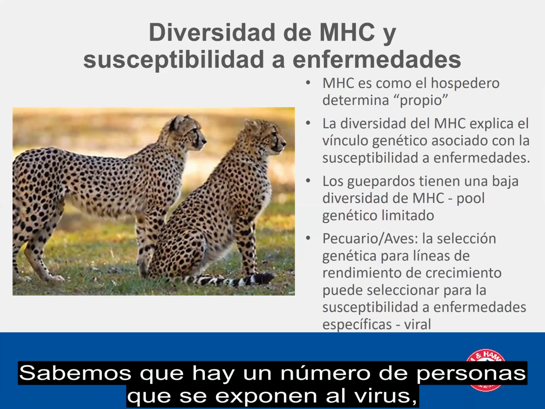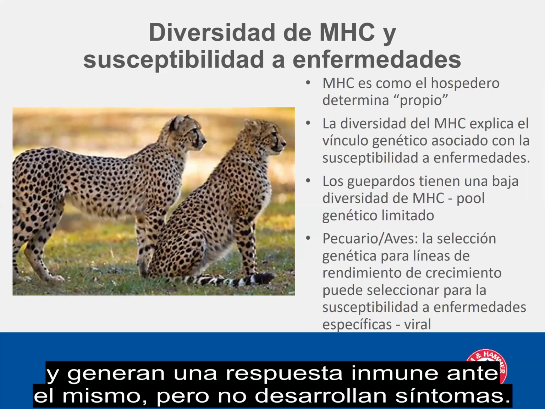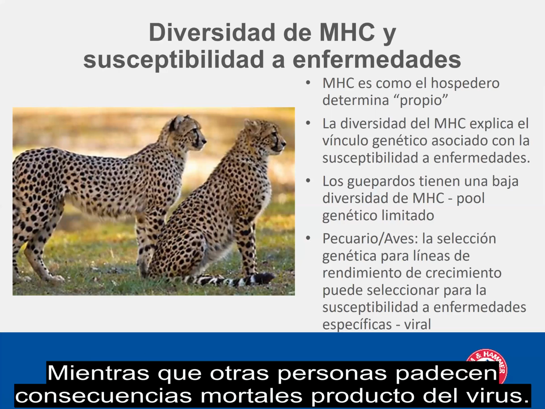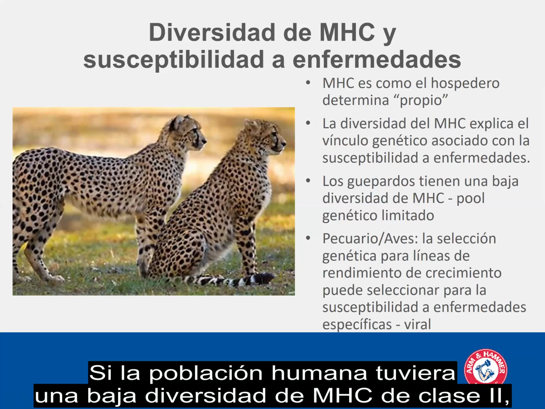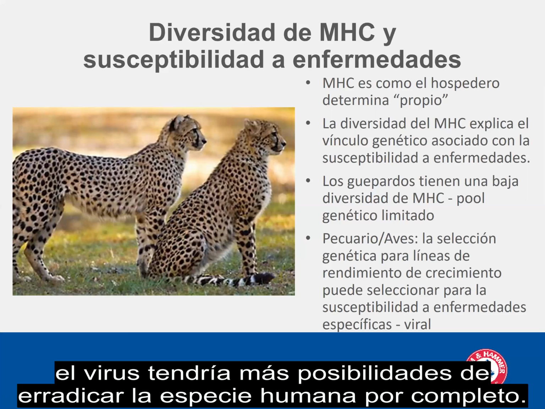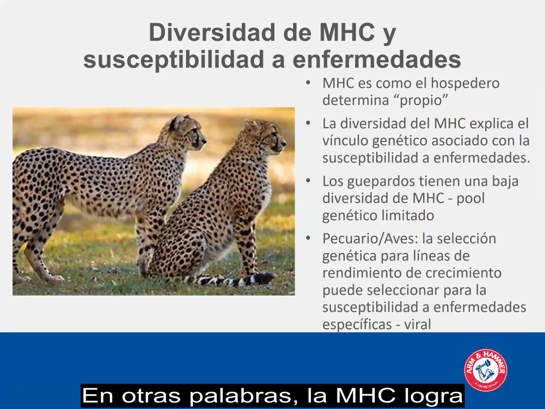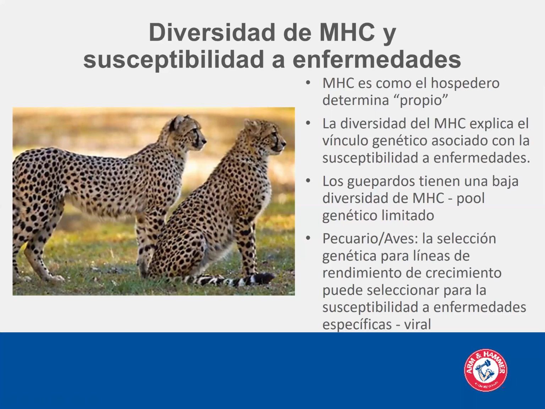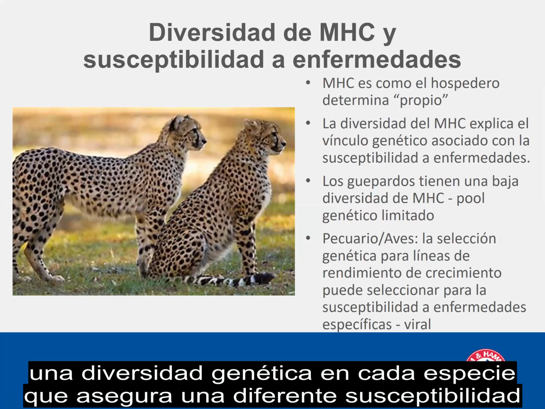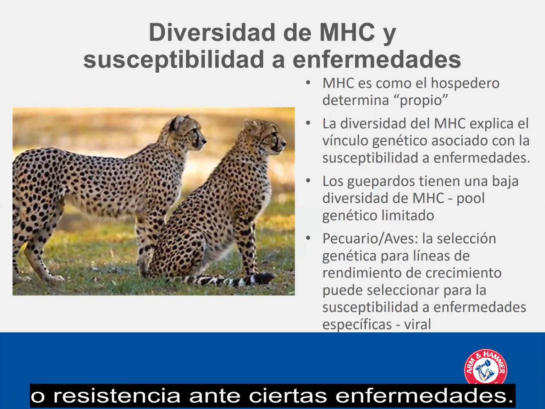We know that there are certain populations of people that were exposed to the virus, may have mounted an immune response to the virus, but never had any symptoms of disease, while there are others that came down with COVID-19 and succumbed to that infection. If the human population had a low genetic diversity and a low genetic diversity of MHC class 2, that virus could potentially wipe out the whole species. So in other words, MHC helps the genetic diversity of the species, the MHC class diversity of the species, have different susceptibilities or resistance to certain diseases.